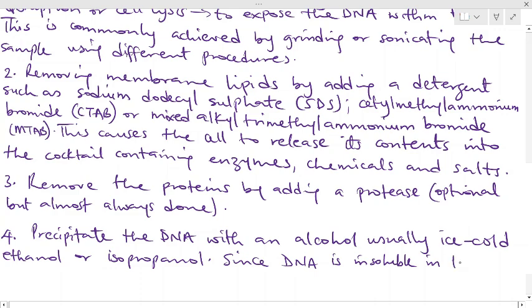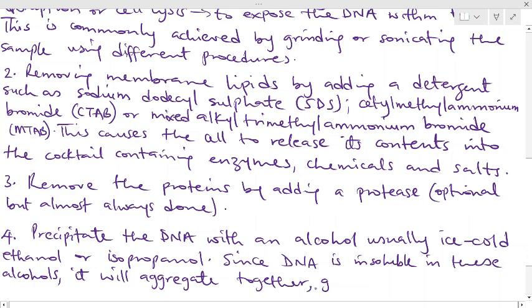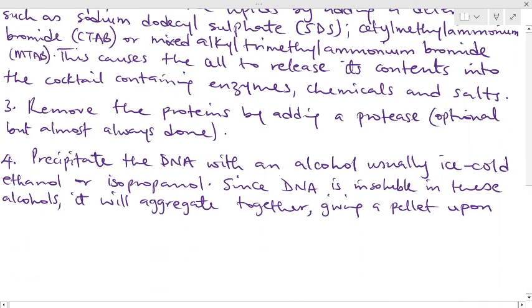In these alcohols, it will aggregate together, giving a pellet upon centrifugation.